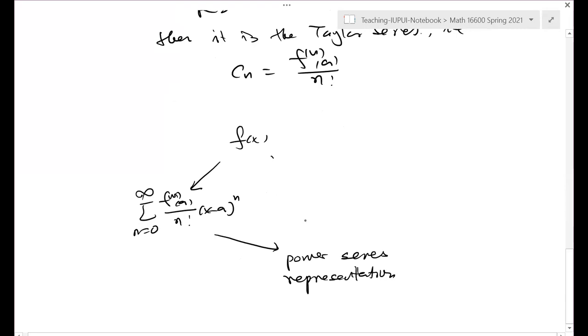But sometimes you can get a power series representation directly at a, using known results. If you do that, then once you get a power series representation, you also get a Taylor series.